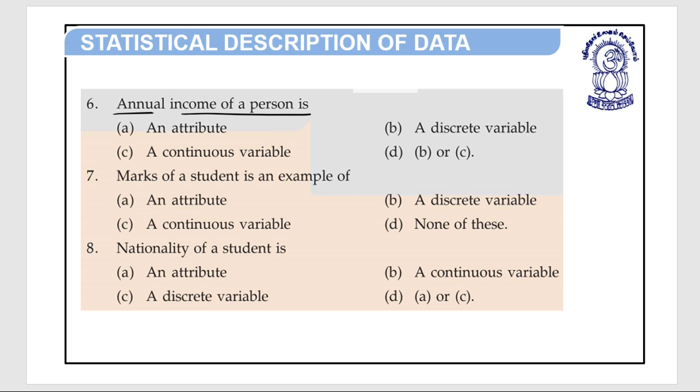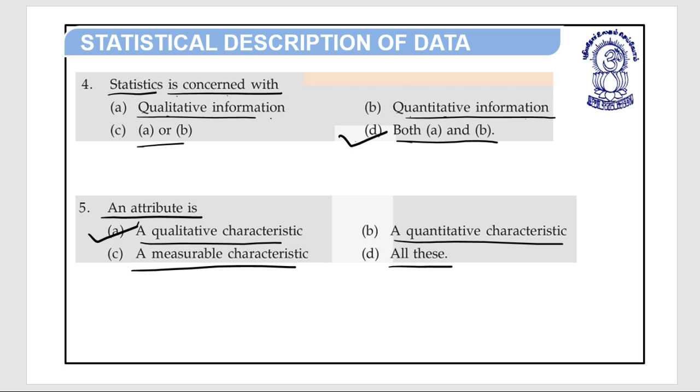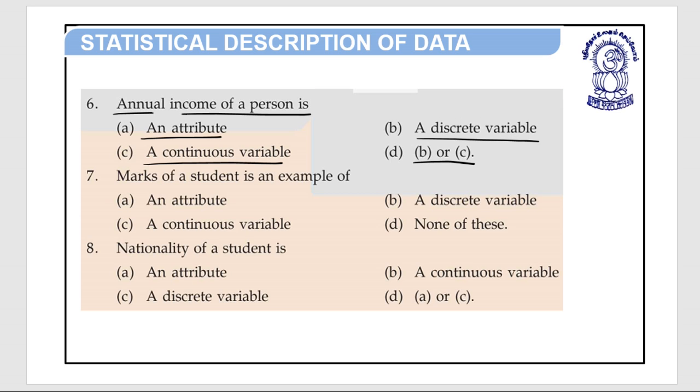Annual income of a person is an attribute, a discrete variable, a continuous variable, or B or C. Attribute? Here attribute is a qualitative characteristic. Okay, this is only a characteristic.